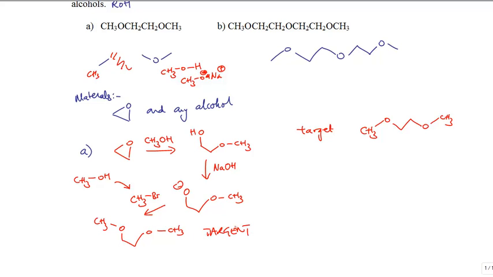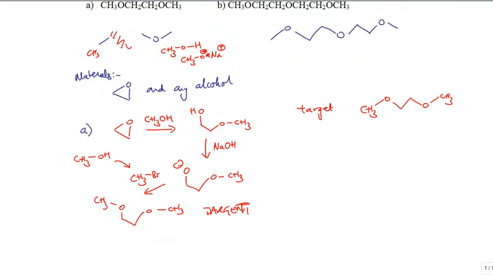So really the strategy is to see, I've got an epoxide, I've got methanol, and when these combine, I form the first ether linkage. There's my first ether linkage, and I also need a second ether linkage.